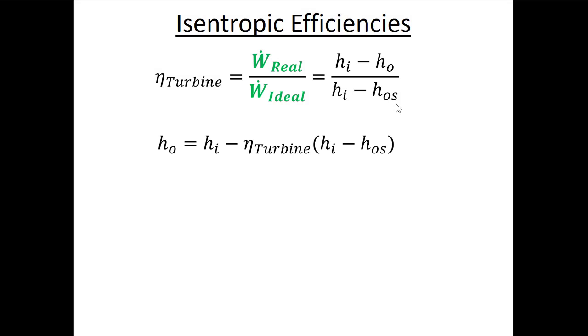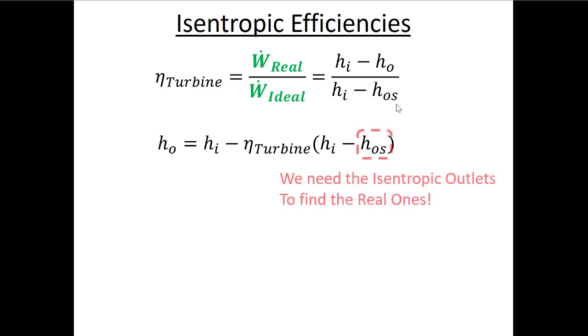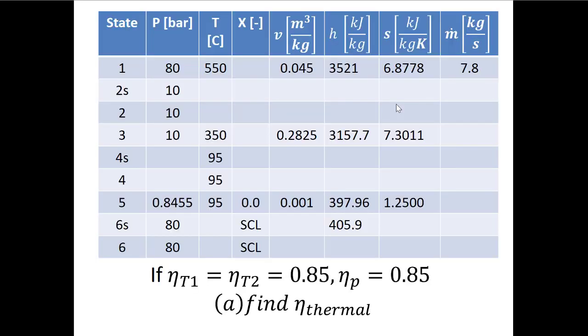So if I wanted to find the real outlet state of my turbine, if I rearrange this equation, that's going to be h in minus the isentropic efficiency of the turbine multiplied by h in minus h out of the isentropic turbine. So what I need to do is find the isentropic outlets for both turbines before I can find the real outlets.